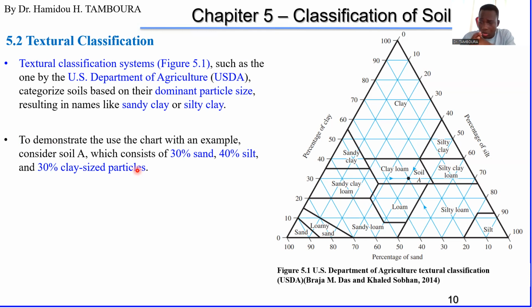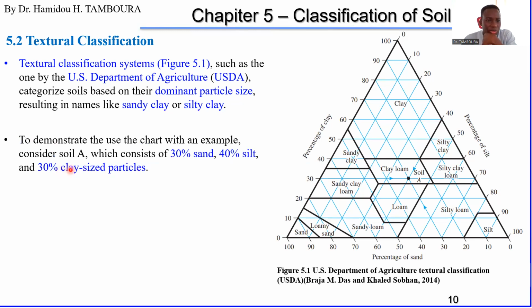Okay, so if we consider a soil A, which consists of 30% of sand, 40% silt, and 30% clay size particle.